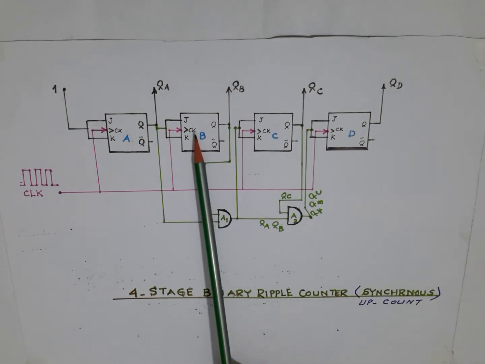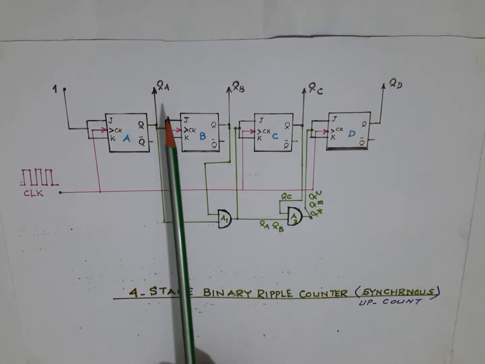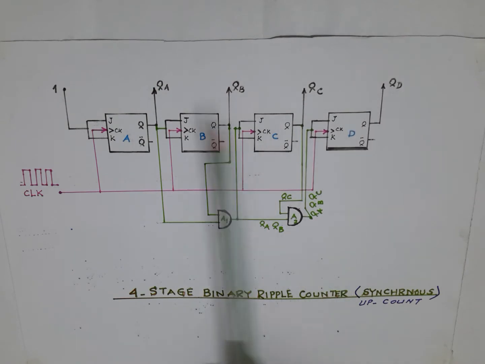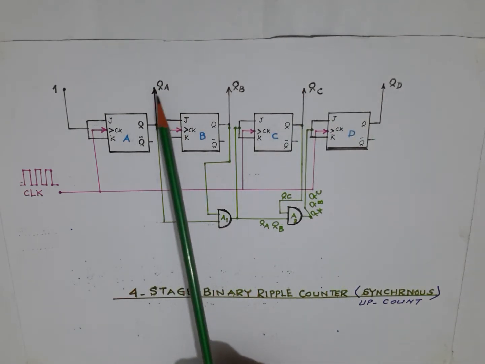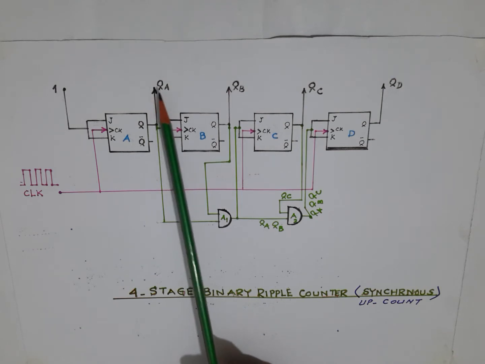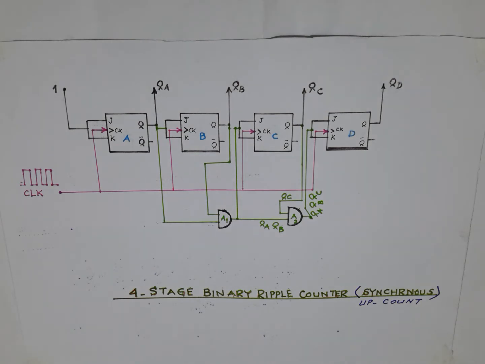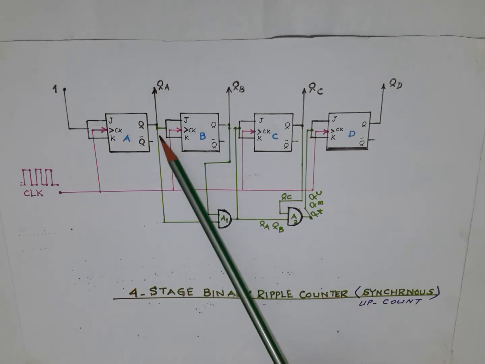For the 15th pulse, QA, QB, QC, QD outputs will be 1, 1, 1, 1, or if you have connected lamps, they are going to glow, A will glow, B, C, D, they will glow. On the 16th pulse falling, all the flip-flops will reset to 0.